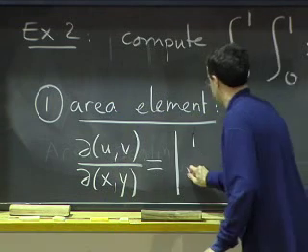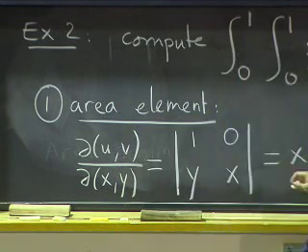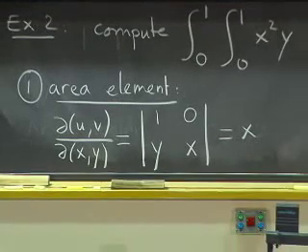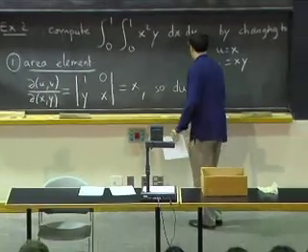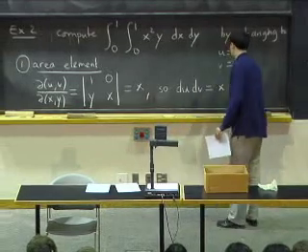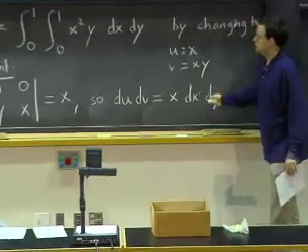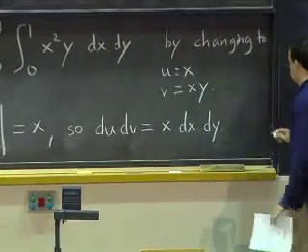And partial v, partial y is x. So that means that du dv is x dx dy. Well, it would be absolute value of x, but x is positive in our region. So at least we don't have to worry about that.